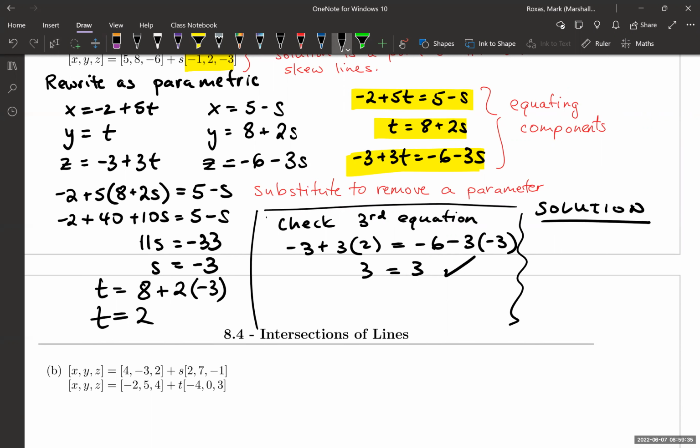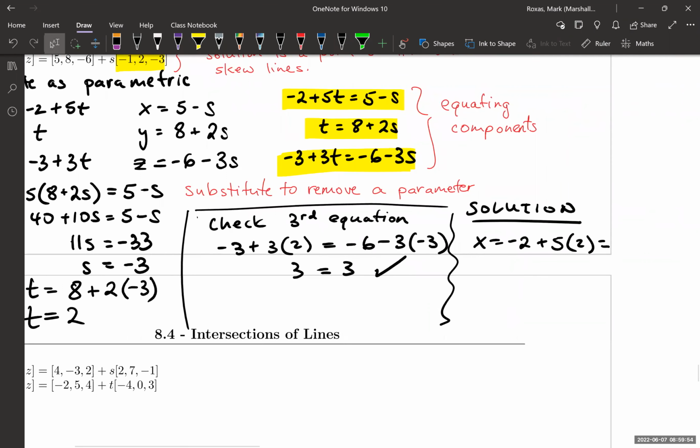You take any of the x, y, z's either from the first equation or the second equation, and find your solution. So here x equals, I'll take the first equation, the first line, negative 2 plus 5t, so negative 2 plus 5 times 2, which is equal to 8. y equals t, so that's going to be equal to 2.